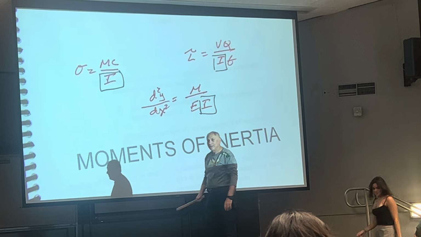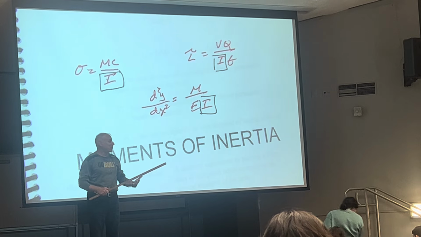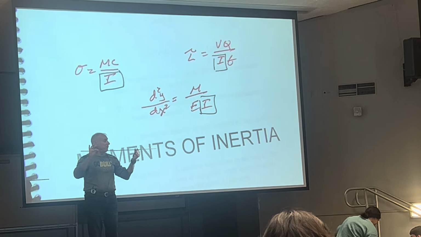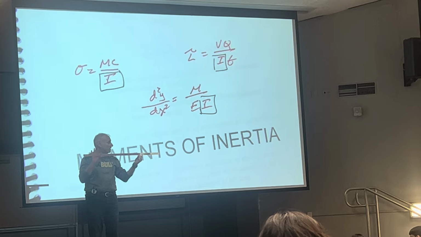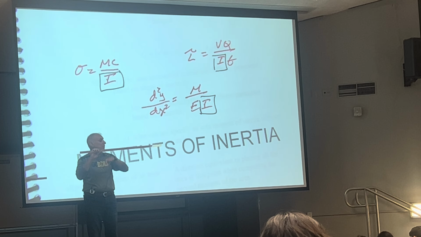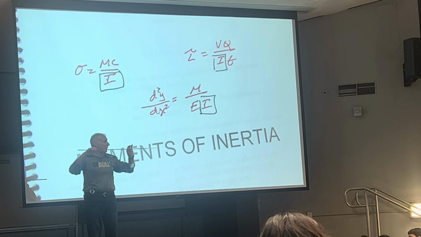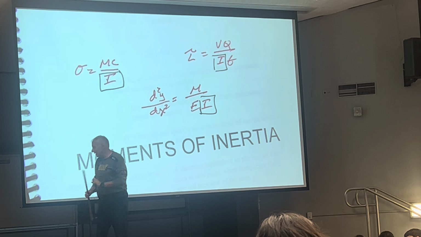Everybody get it? So when I tell you the I value is a stiffness parameter, notice it was very weak on this axis, but very strong on this axis. So if I'm going to load this thing up, I'm going to put it like this, and then load it up because it doesn't deflect as much. If I load it this way, you saw the bend. That's not what I want.